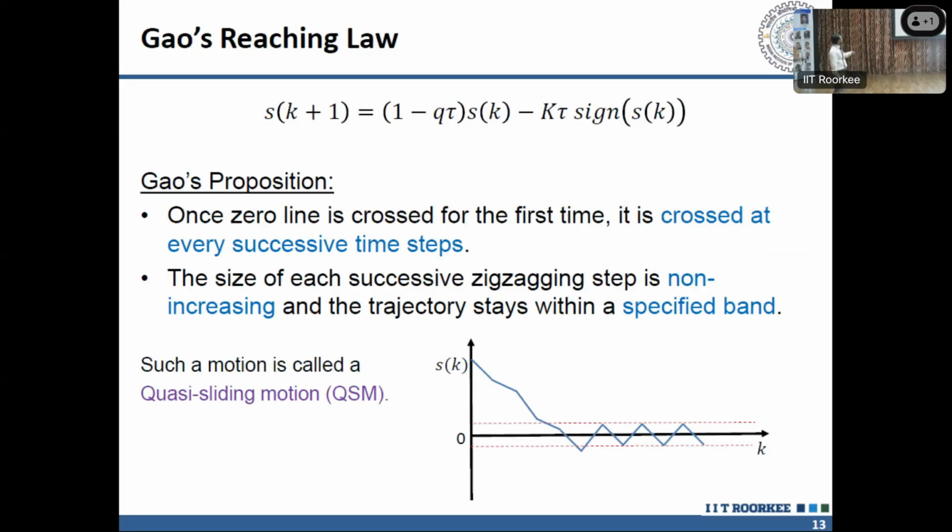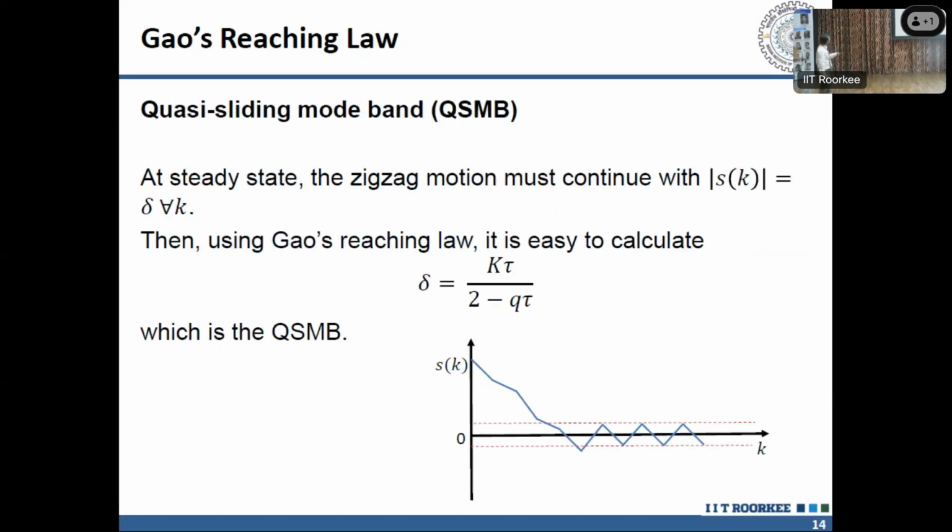And he showed that the proposed reaching law respects this property. How can that be shown? Very easy to show. Already we showed that it is monotonically converging, and here the band is calculated. For the case where we don't have any disturbance, in the steady state, when we are crossing and recrossing, the value would be the same, and that value can be assumed to be delta.